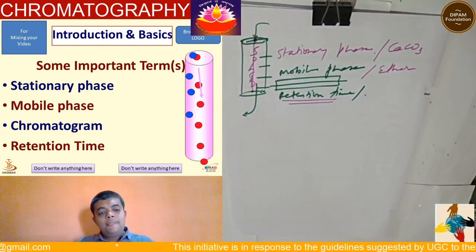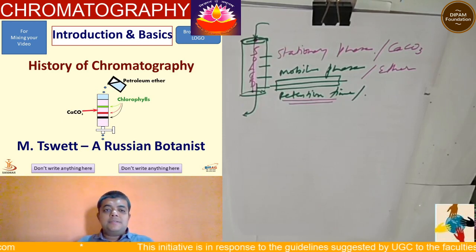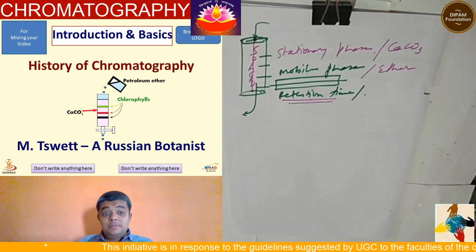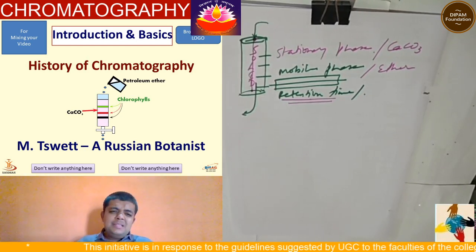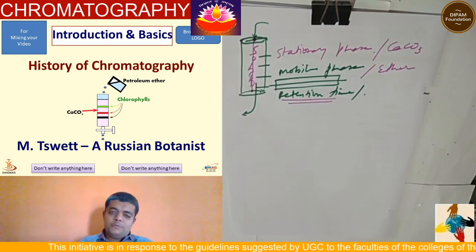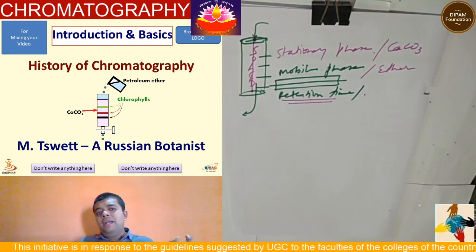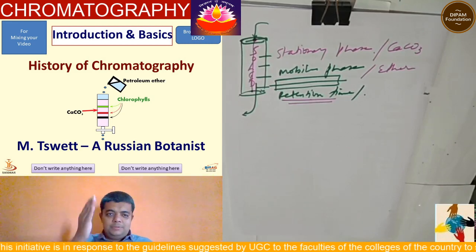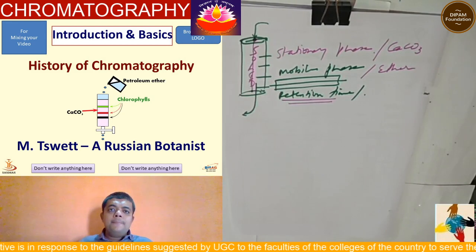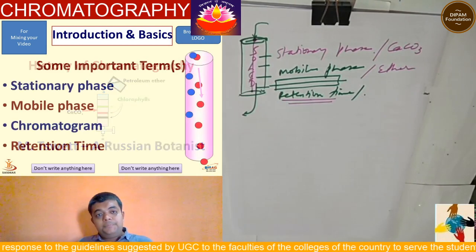For example, if we go back, there are three patches. Let us assume that the green patch is backward. It means it will take a larger time. And if you do not understand this statement as of now, do not worry, it will come later on. But the time taken by the green patch, red patch, and the black patch, or rather say these components, from the top end to the bottom end of the column, it is called retention time.